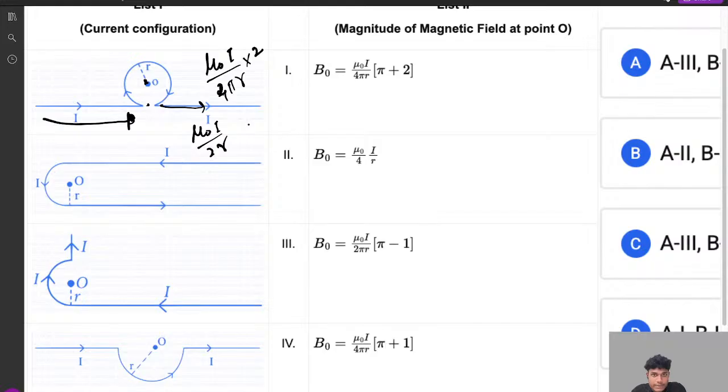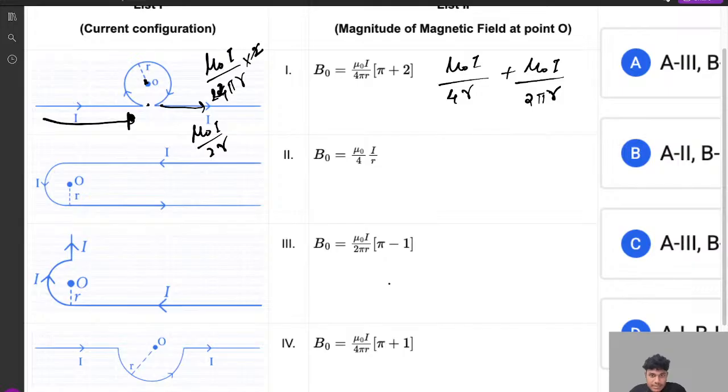So what is our answer? Due to this it is mu naught I, that is 2, to cancel out this. So here is our answer, mu naught I upon 4 pi r and 2 pi. This is equal to mu naught I upon 4r, and it is due to mu naught I upon 2 pi r, right?